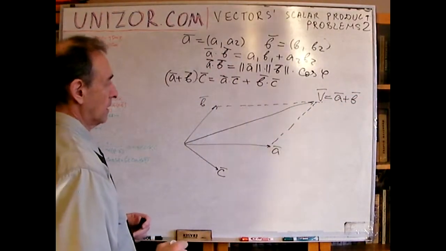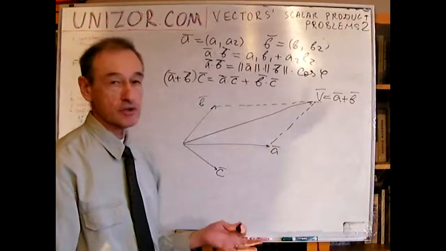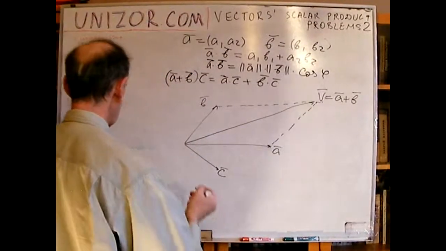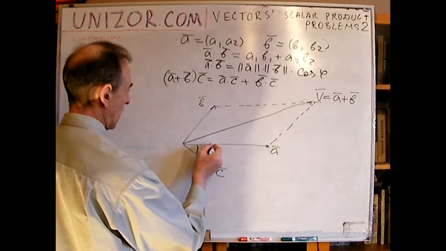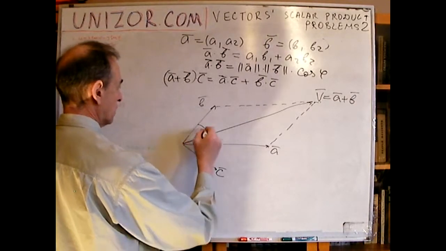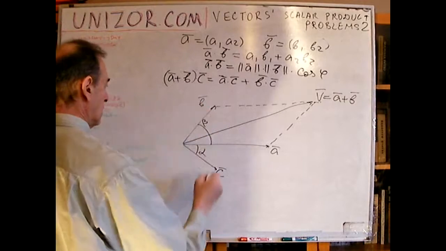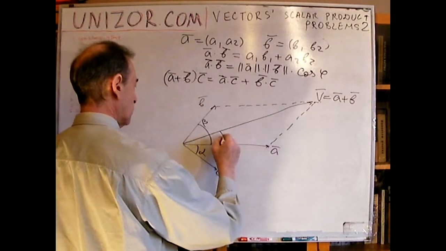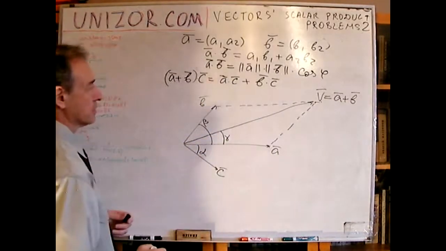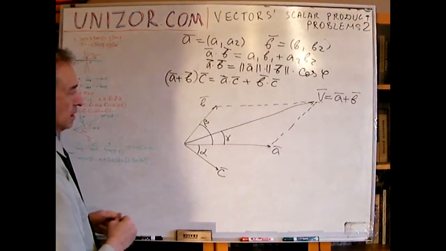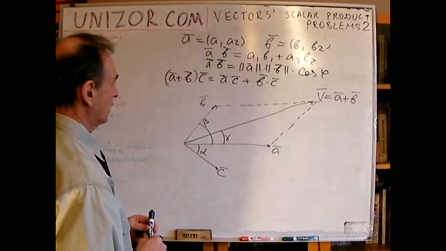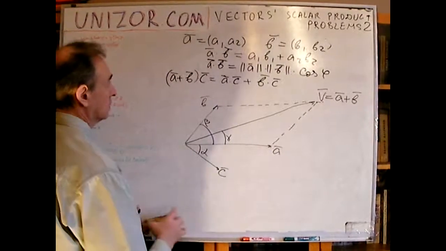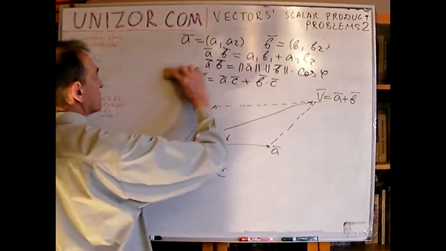Now, since we are talking about geometry, I need some angles, right? So let's say this is angle alpha. Angle between A and B would be beta. And I will also use this angle gamma between the sum of A and B relative to A. Okay. Now, let me just wipe out everything from here.